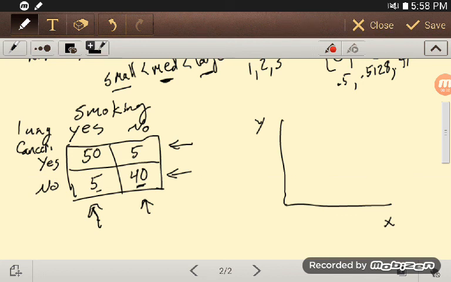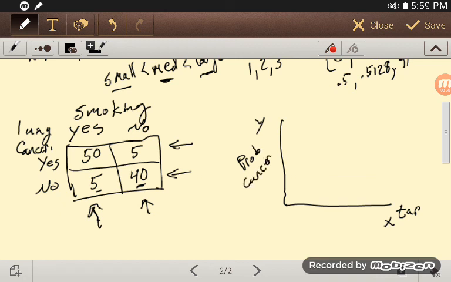it's kind of hard to go with the smoking and cancer idea here, because really those are a count. But if you could do something like, instead, this would be something like amount of tar in the lungs, and then this side being something like the probability or likelihood of getting cancer.